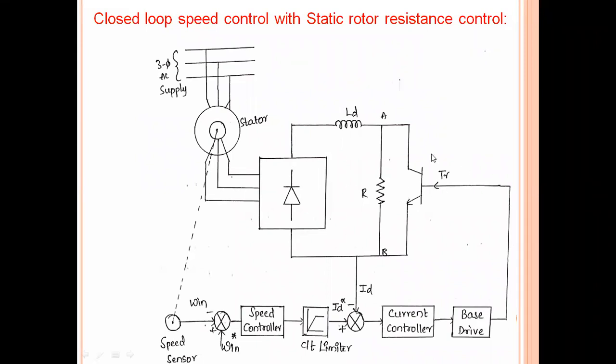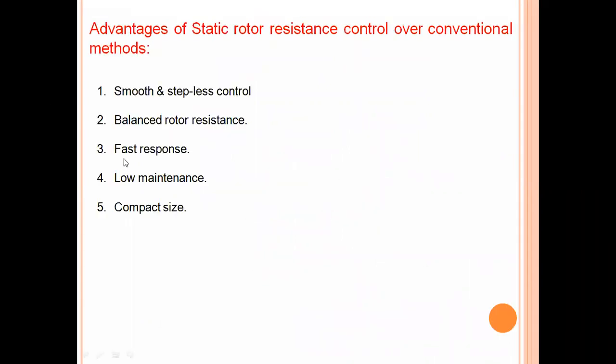And this static rotor resistance control has a few advantages when compared with the conventional methods. Conventional methods means, as we have already seen in the previous class, the conventional rotor resistance control, which is manually controlling the mechanical resistance variation, right?